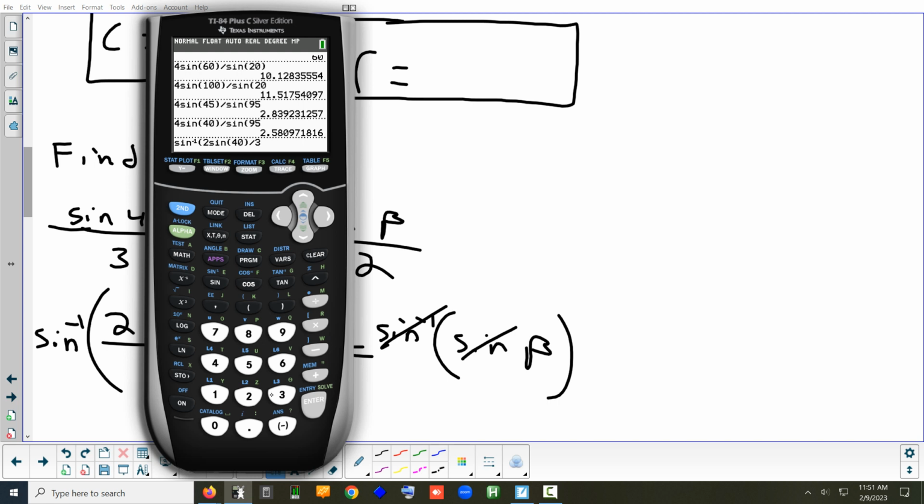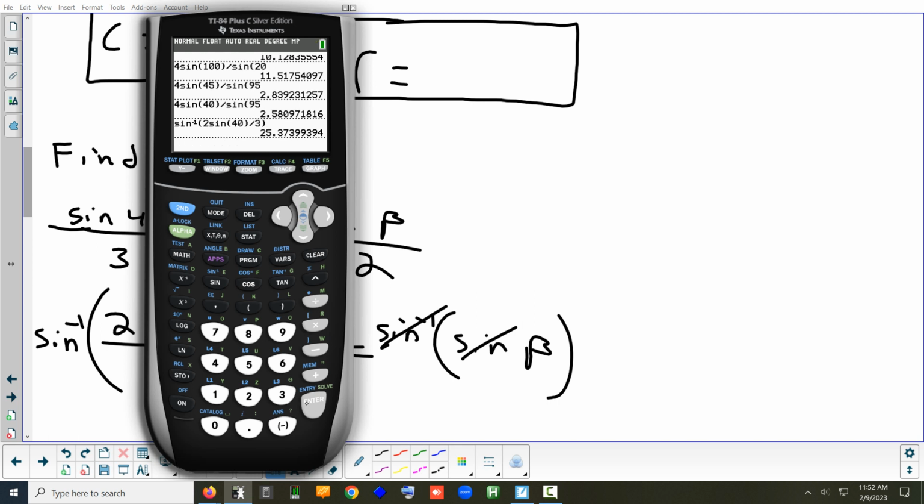You want to take the sine of 40 and then divide by 3. And then close your parenthesis because you're done with the argument to the inverse sine function. Now, when I hit enter, one of two things is going to happen. It's either going to say error, which would mean I either typed something in wrong or this is a no solution. Or it's going to give me a number, which then means there is a solution.